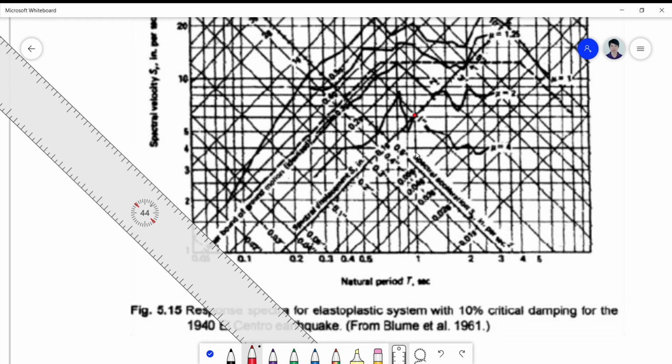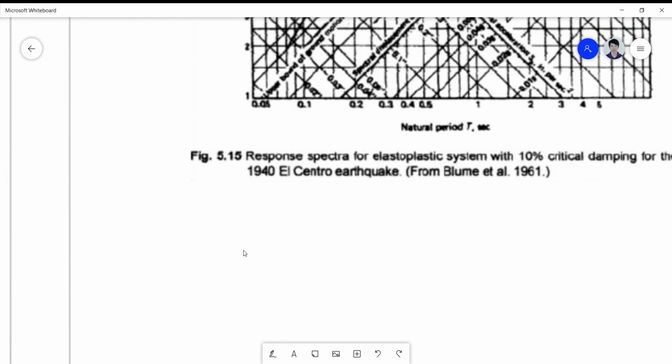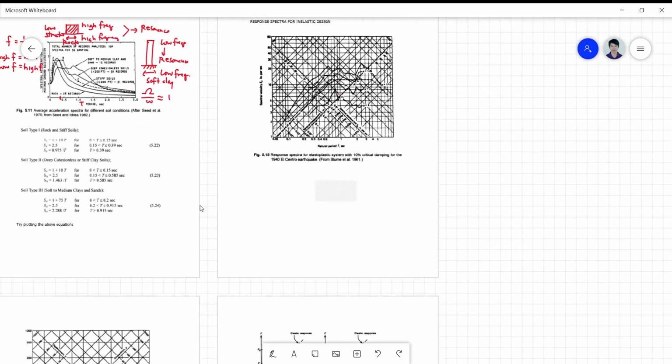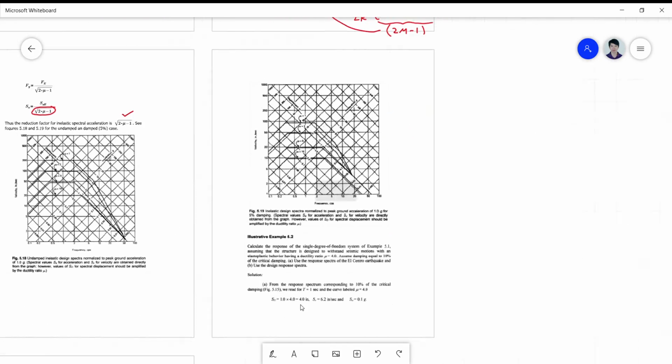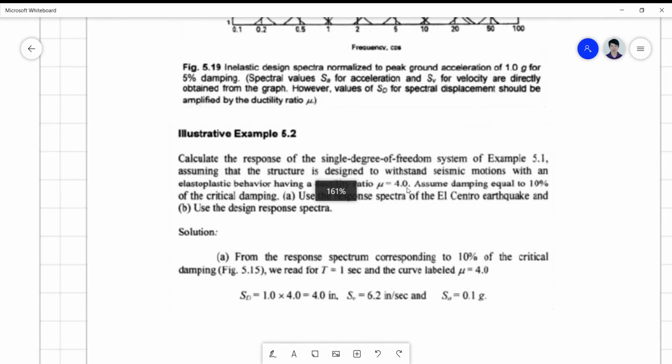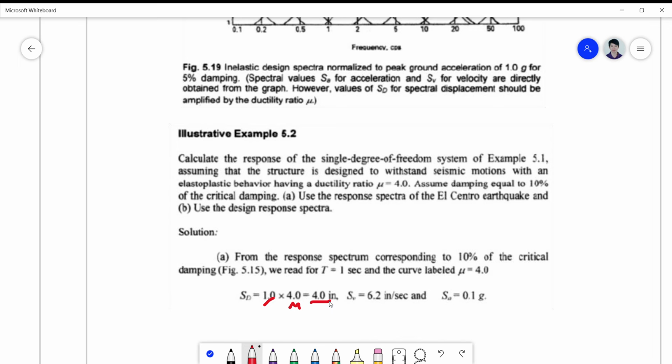So more or less it's actually 1 inch. So let us check your answer here. So this is 1 inch. Okay, so this is more or less okay. Then multiplied by mu, it's 4 inches.